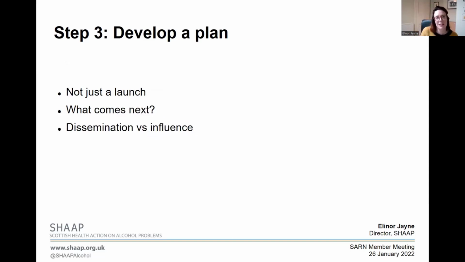Okay, the next slide. So the important thing to do, way before you're thinking about launching your research, is planning it. So work out all the work that you've done in terms of mapping out who's got an interest, who's not got an interest, engage with all those people ahead of your launch, so that you've got a plan, so that you can have some degree of control and make the most of your research.